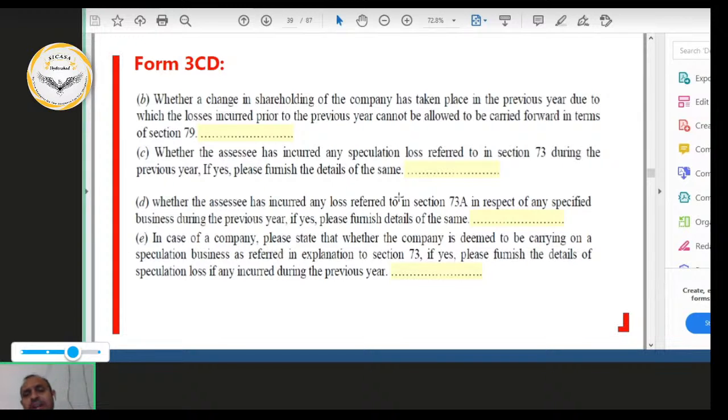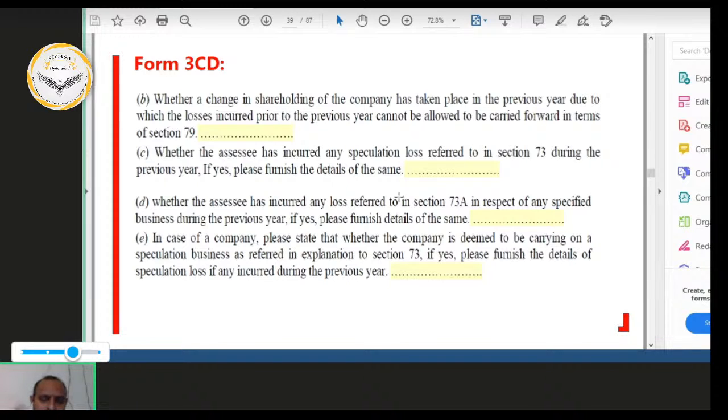For the simple reason that the explanation to section 73 says that in the case of a corporate assessee, other than banking, other than share broking business, etc., whose objective is trading in shares, those normal companies where the income falls under PCBP, business or professional income, if they get any losses on account of dealing in shares, then that will be reported as a speculative loss.